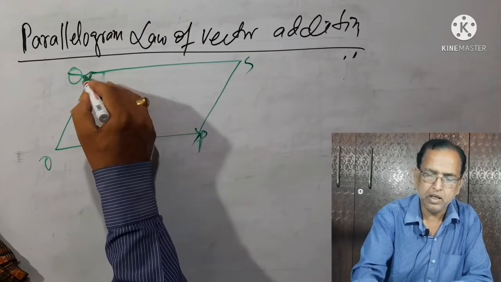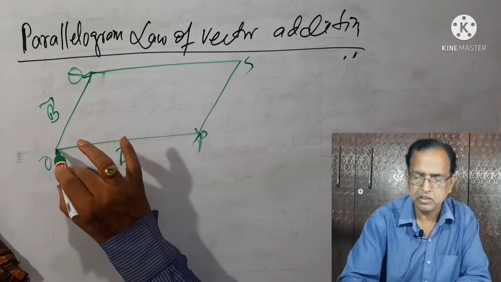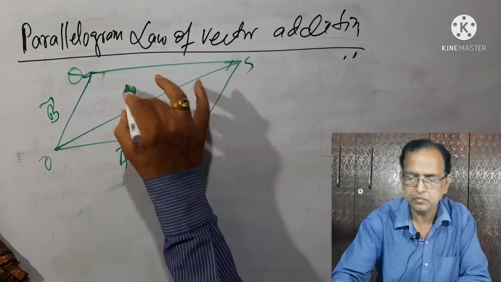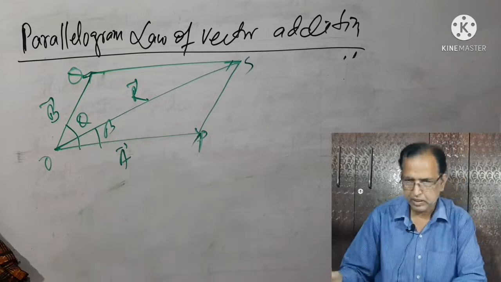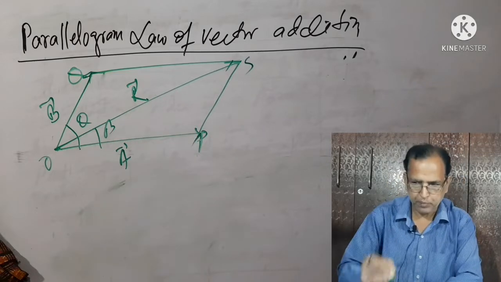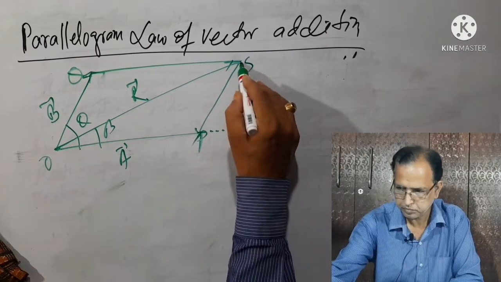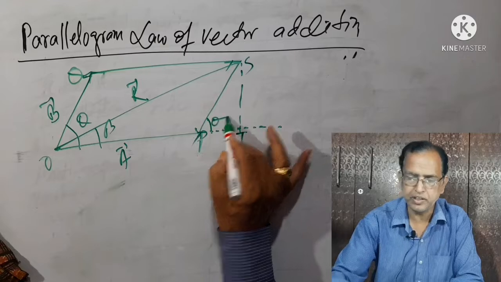This is vector A, this is vector B, this is the resultant R. Then draw a perpendicular. This angle is also theta.